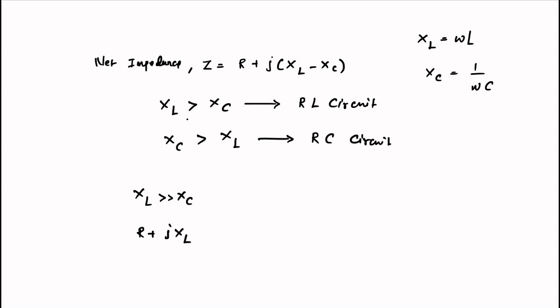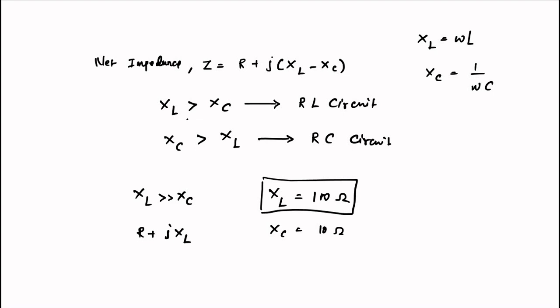Like suppose XL is equal to 100 ohm and XC is equal to somewhere like 10 ohm or something like that, then we can say that the inductive reactance will play a huge role and the circuit will mainly behave in an inductive manner, RL manner.